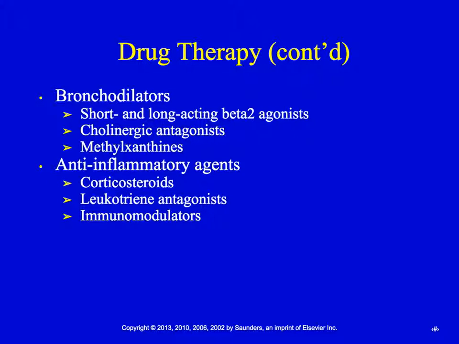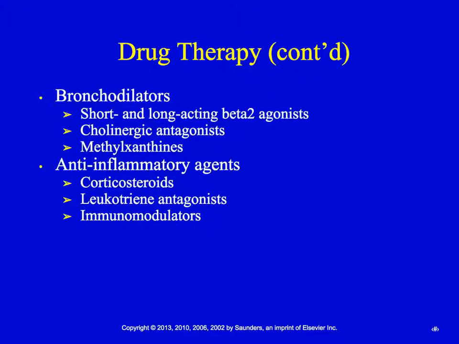The anti-inflammatory agents, again, are your corticosteroids. That's your Flovent. You have Pulmonary listed on your module outline as well. Again, these decrease the inflammation that's caused by the antigen or the allergen that's in the environment. So we're trying to decrease the effects of the inflammatory response.